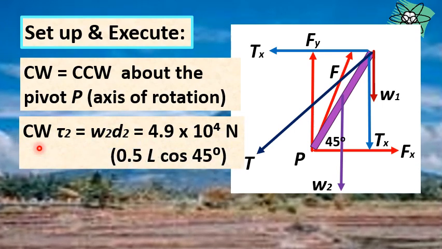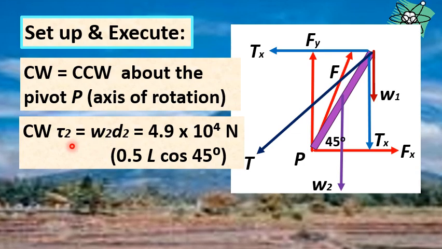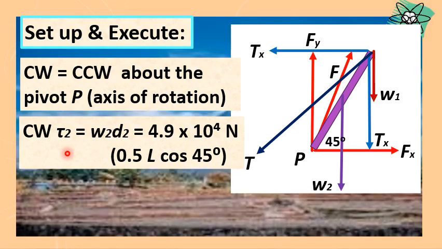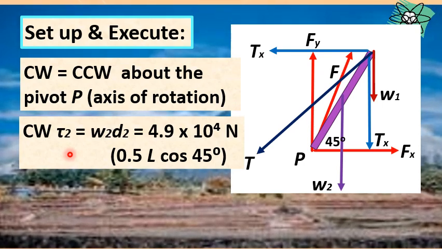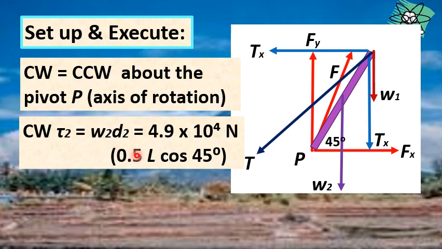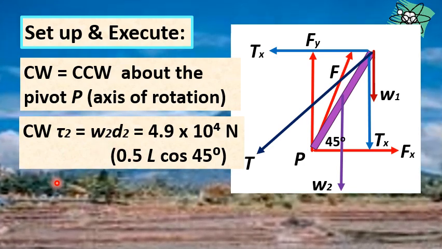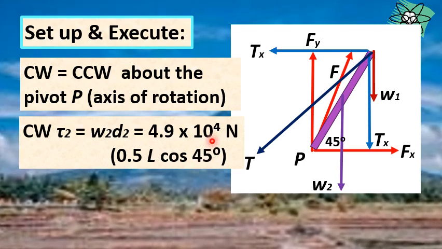The second torque that can cause clockwise rotation of the strut is the torque due to the weight W sub 2, or the weight of the strut itself. That is 4.9 times 10 to the 4th power Newton.